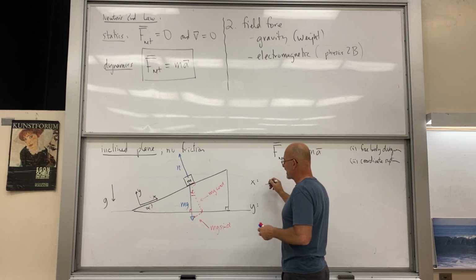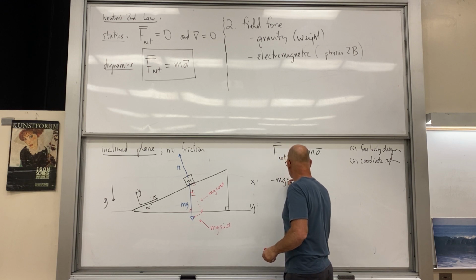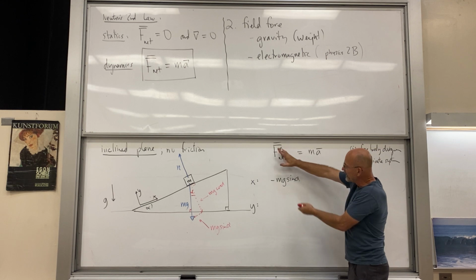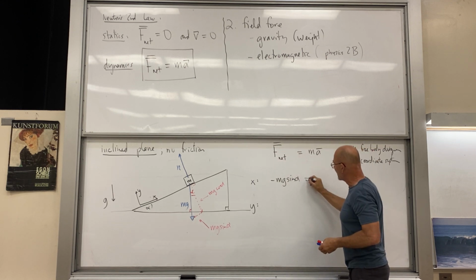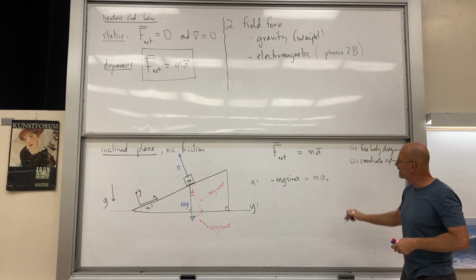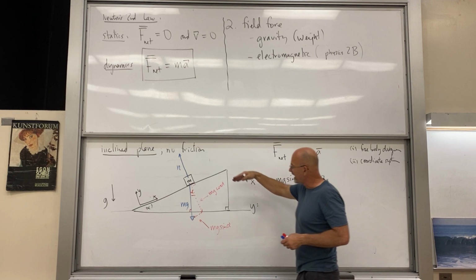It's pointing to the left, so we have minus mg sine alpha. That's the vector diagram, and on the right side we say m a sub x, the coordinate of the acceleration in x direction. Minus sign, yeah, it's going to the left.